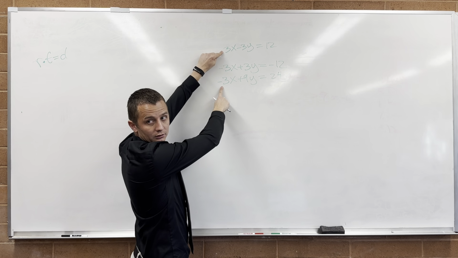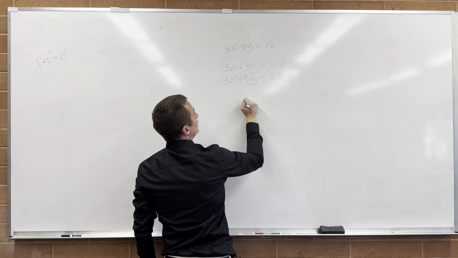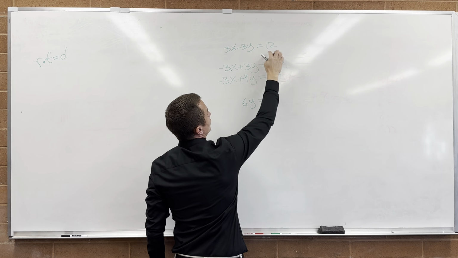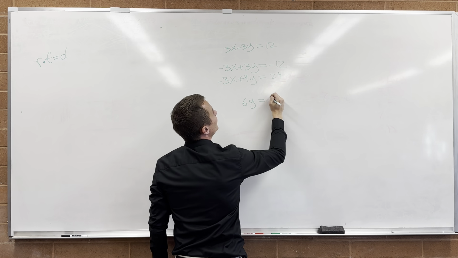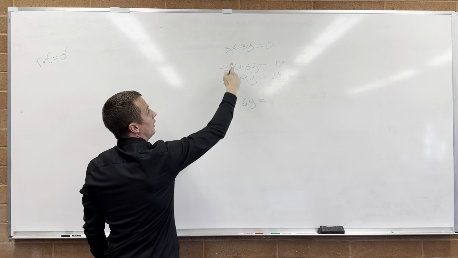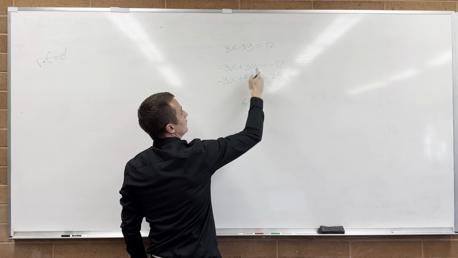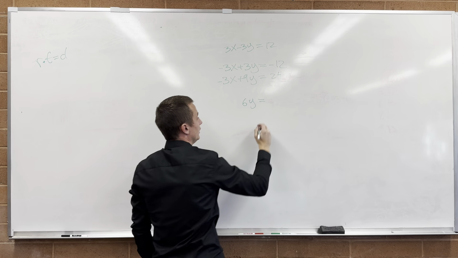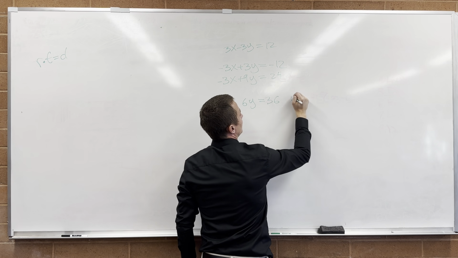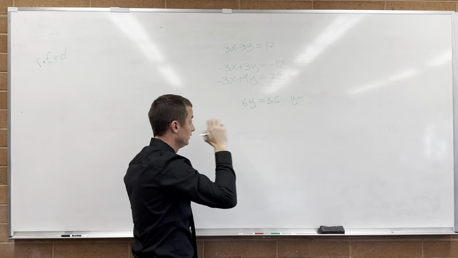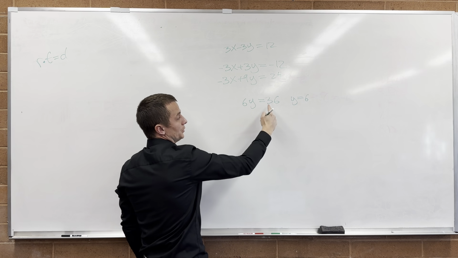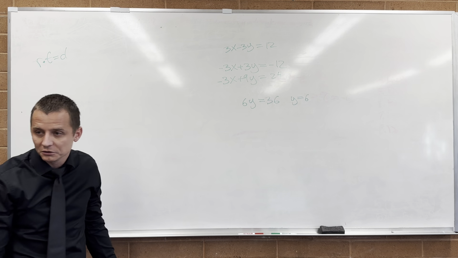My x's go out, negative 3y and 9y leaves me 6y, and 12 plus 24 is 36. So 6y is equal to 36. Divide both sides by 6, and y is equal to 6.